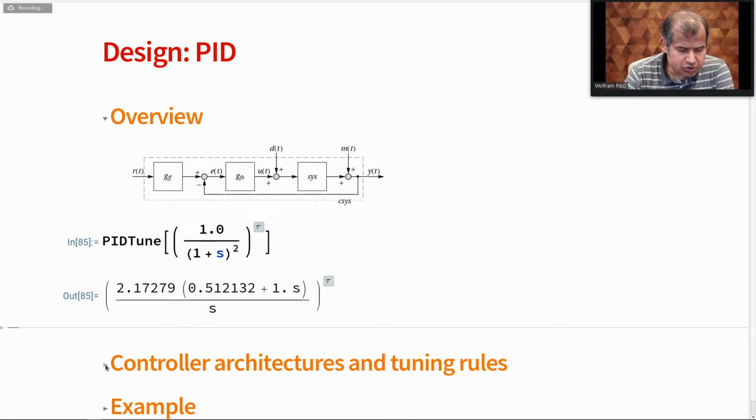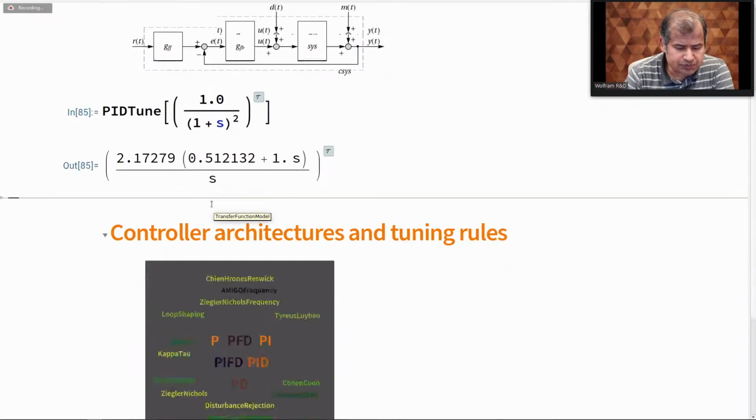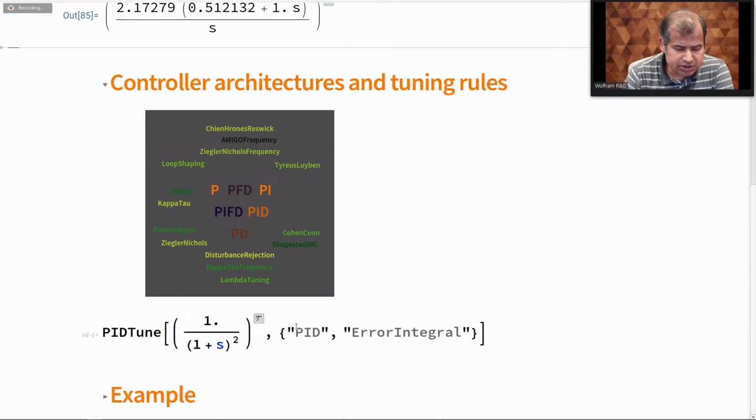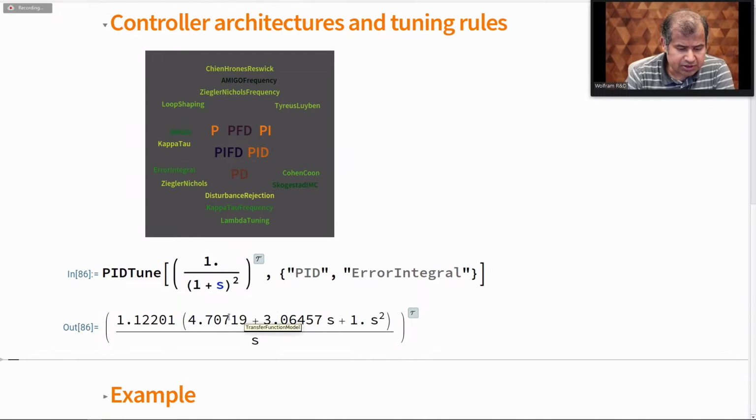You can also specify what architecture you need and what tuning rules to choose. So here I ask specifically for PID and choose one of those methods, and I can get the controller computed as a PID controller using that method.